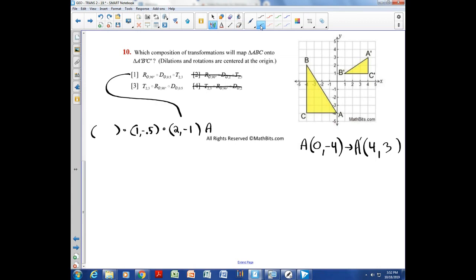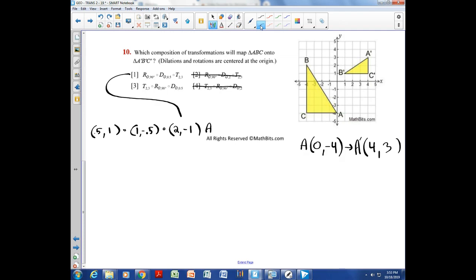And then we're going to rotate that 90 degrees, which is (-y, x). So my y comes to the front and becomes positive, which is 0.5, and the 1 goes to the back and stays the same, which is 1.